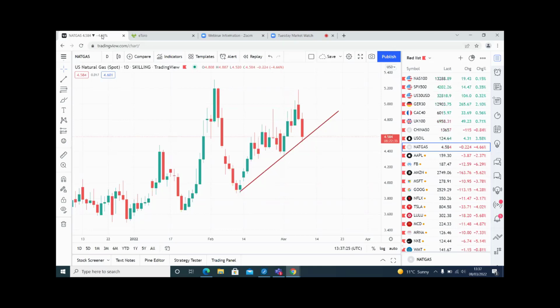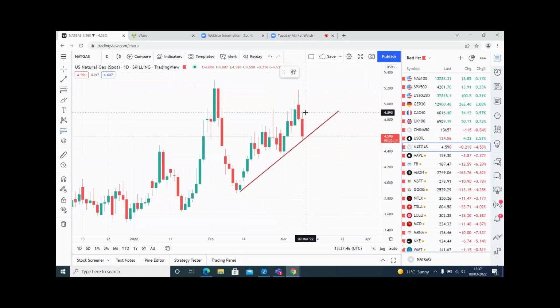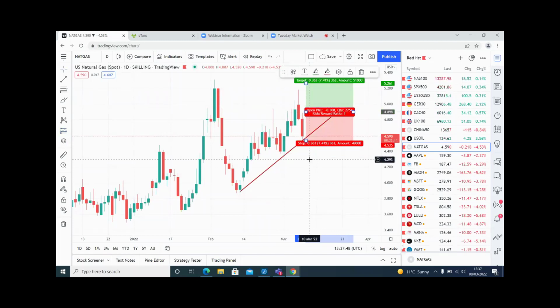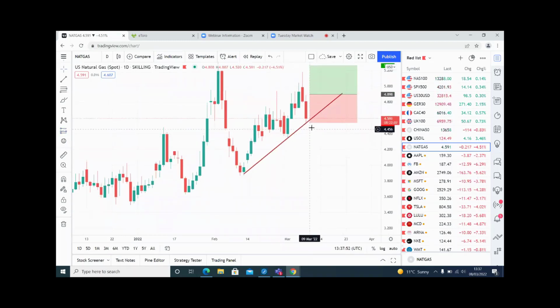Now, unfortunately, we don't know that yet. So if we're taking this as a trade, we cannot take this as a daily trade. Why? Because the bar is too big. If we look at this as a buy, a long position, our entry's there, our stop loss is just below it.